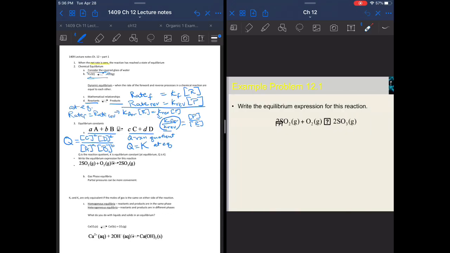We're going to talk about what that means mathematically in a minute, but first let's get a little bit of practice. We can write an equilibrium expression for any balanced equation. For this, K would equal the concentration of SO3 squared divided by the concentration of SO2 squared times the concentration of O2. All right, relatively easy there.